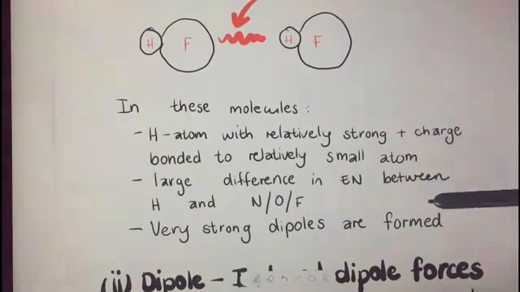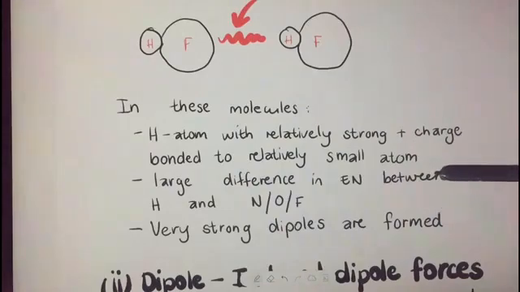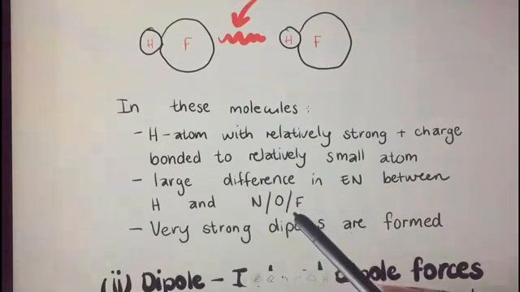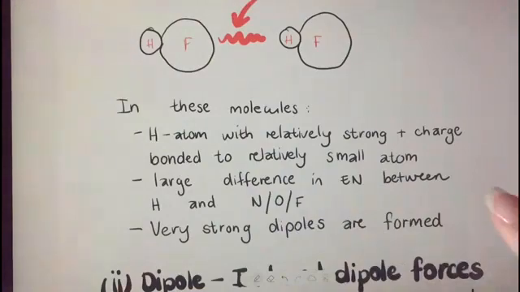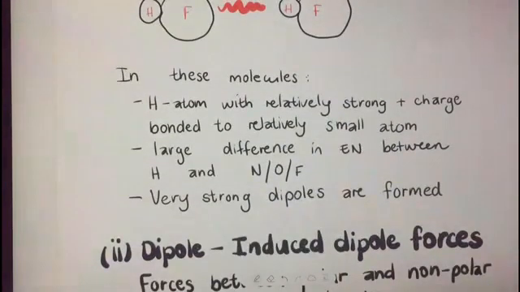It's bonded to another atom that is relatively small, and there's a large difference in electronegativity between the hydrogen and the other atom, the nitrogen or the oxygen or the fluorine, which results in very strong dipoles that form. And that is why this hydrogen bonding forces, this is an example of the strongest type of van der Waals forces that we can get.